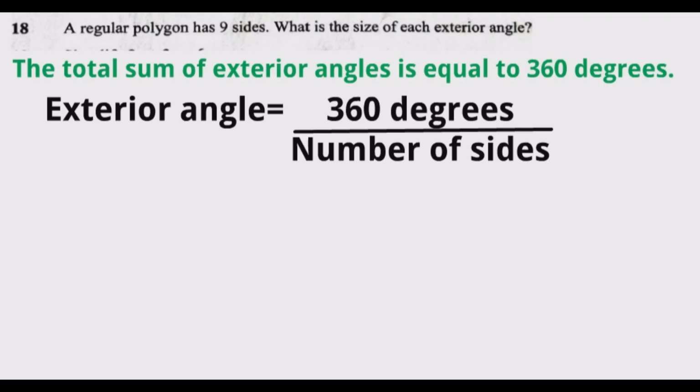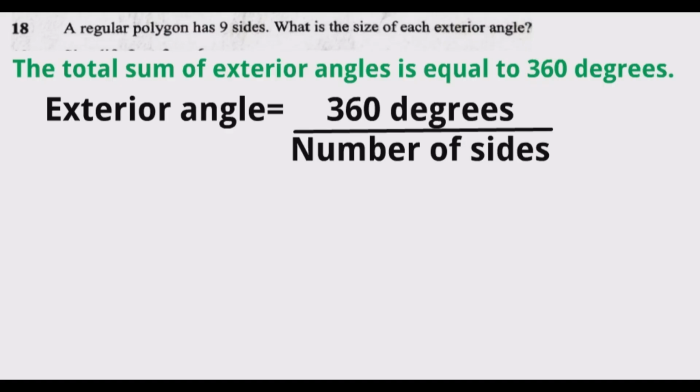Why are we using 360 degrees? We should be aware that the sum of exterior angles is 360 degrees, regardless of the number of angles.